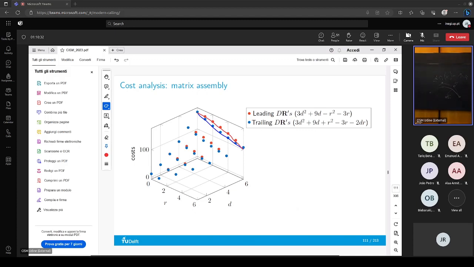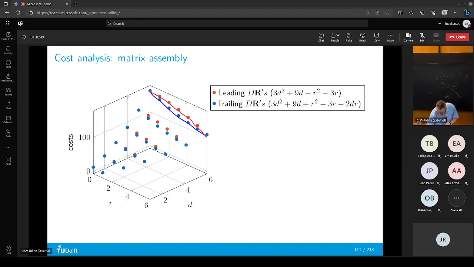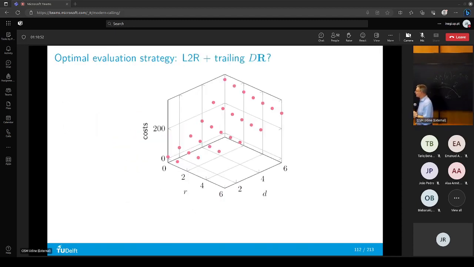Actually, the biggest advantage of trailing versus leading is if we have, let's say, the number of derivatives in the middle between the degree. So it seems that the optimal evaluation strategy is left to right evaluation plus trailing derivatives. That would be this cost surface or landscape.